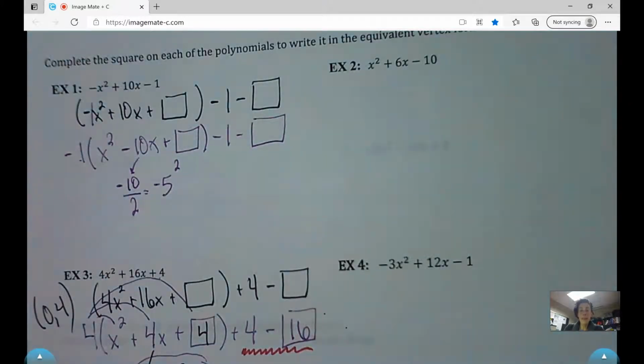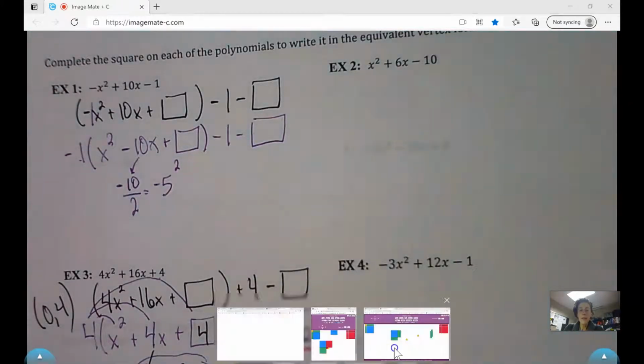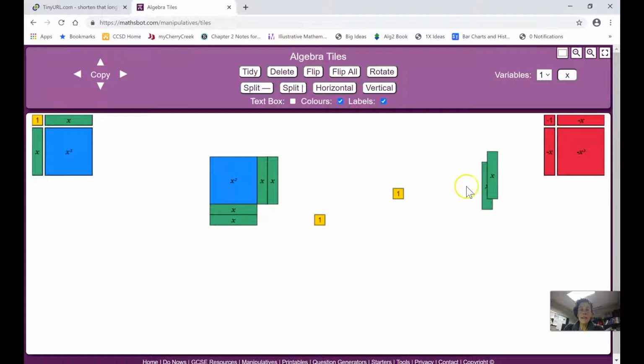Because again, the reason why you're going to square this number is because if there's 5 here, and I realize there's negatives. So let me put one more. And then, sorry, this takes a little bit. And then I put my 5 here. Then when I'm trying to figure out how many to put in here, I shouldn't have to put all these yellow squares here.